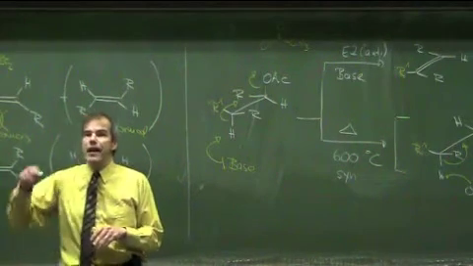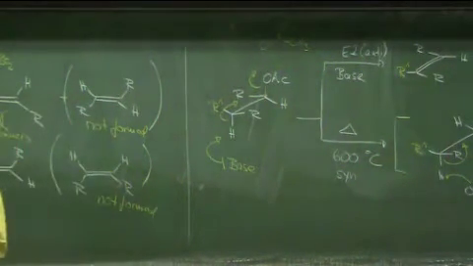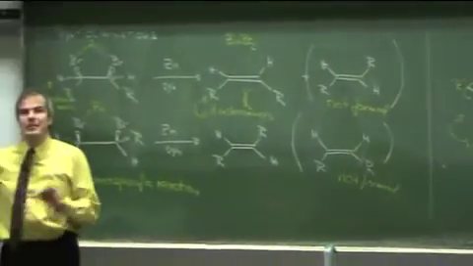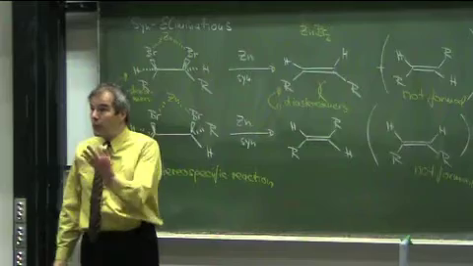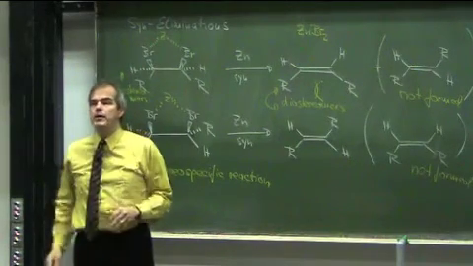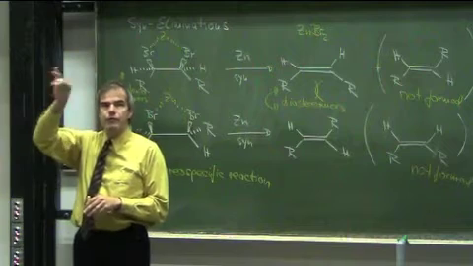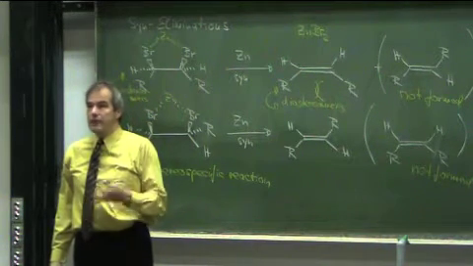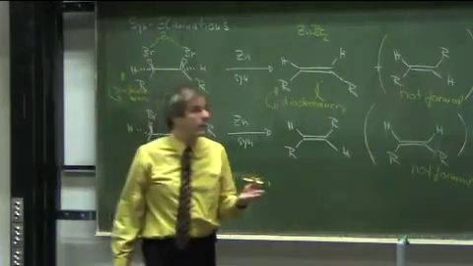Diels-Alder reaction is, again, a reaction where we have a 6-member transition state and 6 electrons dancing in a circle. That's okay. But what's behind this? What are the compounds we know to be particularly stable, where we have 6-membered rings and 6 electrons in there? It's aromatics, right?